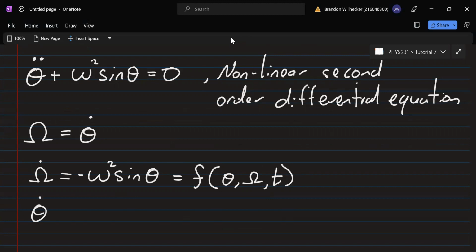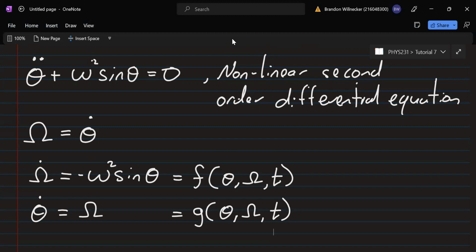And then we can have theta dot is equal to, again, capital omega, and we can imagine this as g of theta, omega, and t. The way that we do that is because we want to imagine these as two first-order differential equations that we can then solve with the Runge-Kutta method.